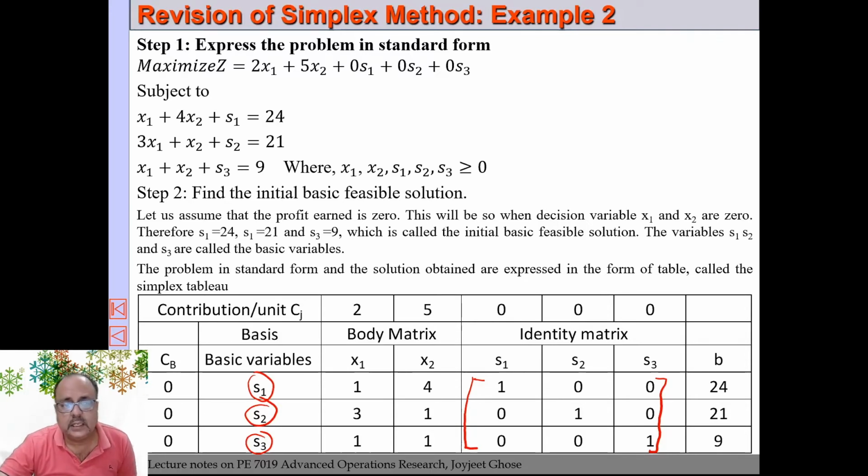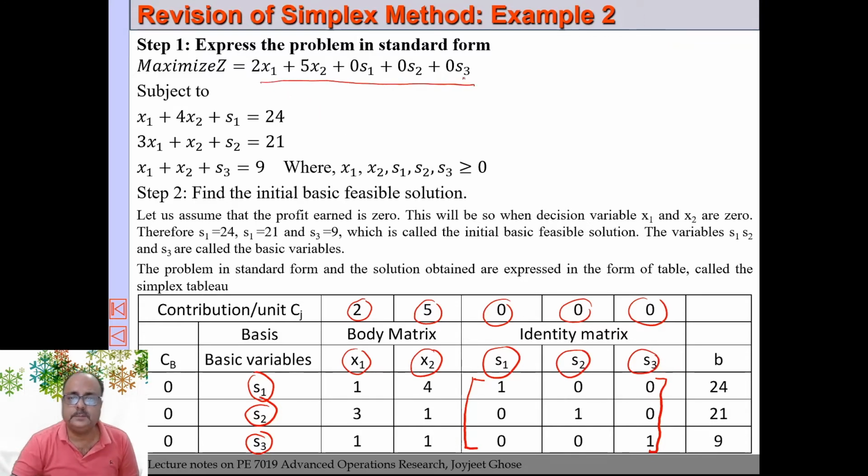So here you can see 2, 5, 0, 0, 0 are the coefficients of the variables x1, x2, s1, s2, s3 in the objective function, and cb are the coefficients of the basic variables in the objective function, that is 0, 0, 0.